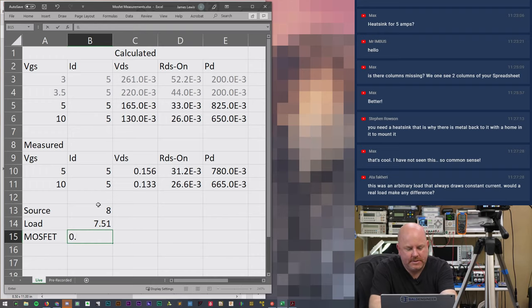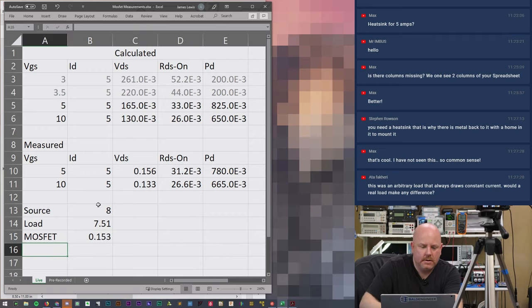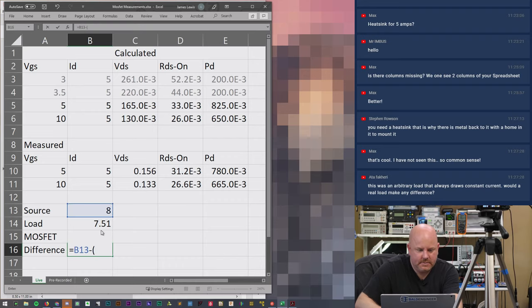So we'll just type this in. And then the difference is equal to this minus these two. I don't think I did that right. No, I did. Why is it mad? Oh, is it because it's a colon? Whatever.